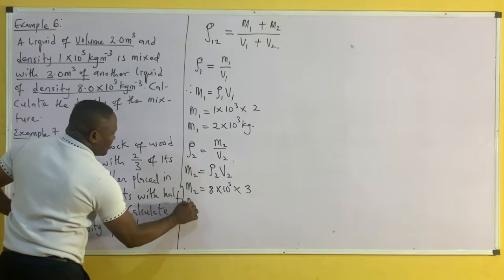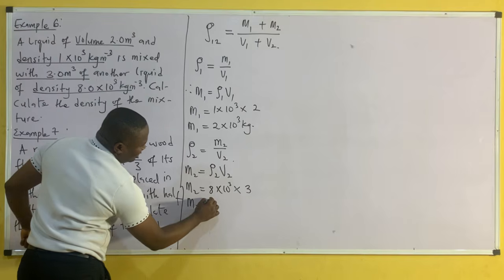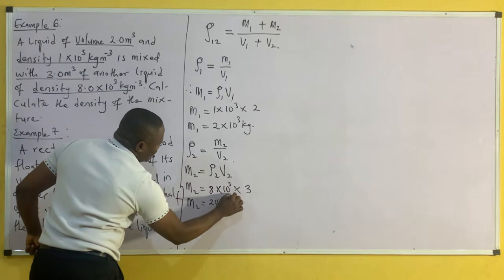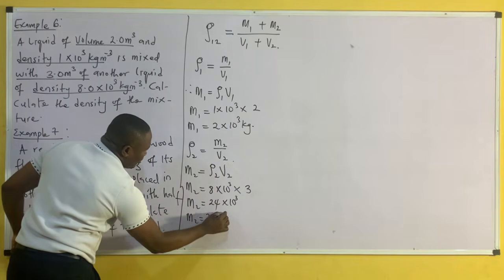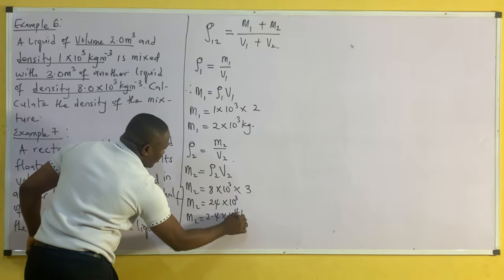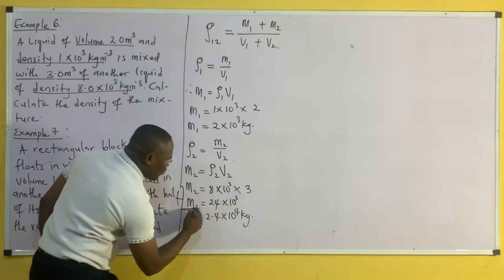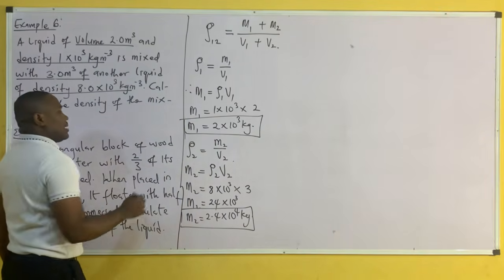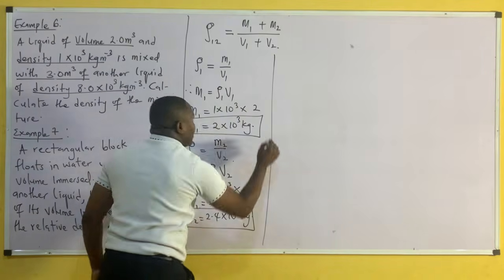So the mass of 2 is 24 times 10 raised to power 3, which is the same thing as 2.4 times 10 raised to power 4 kilograms. Now I have the mass of 1 and the mass of 2. Look at them here. Now I can approach this question.